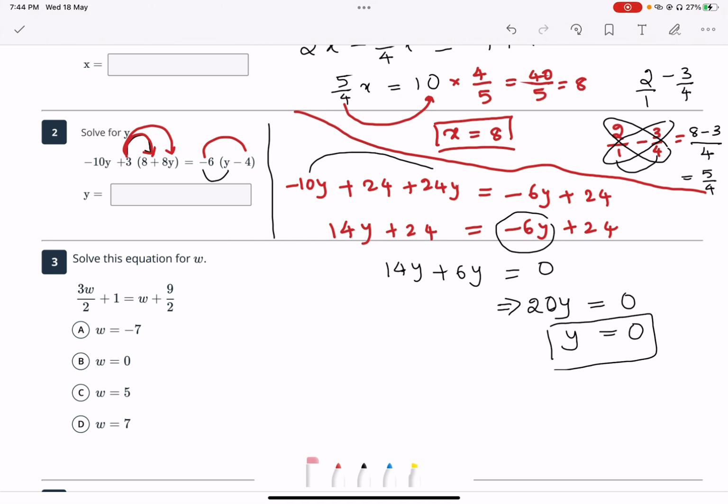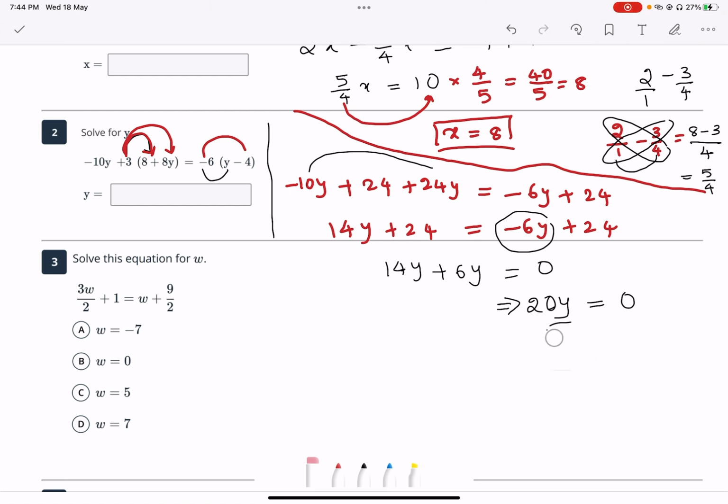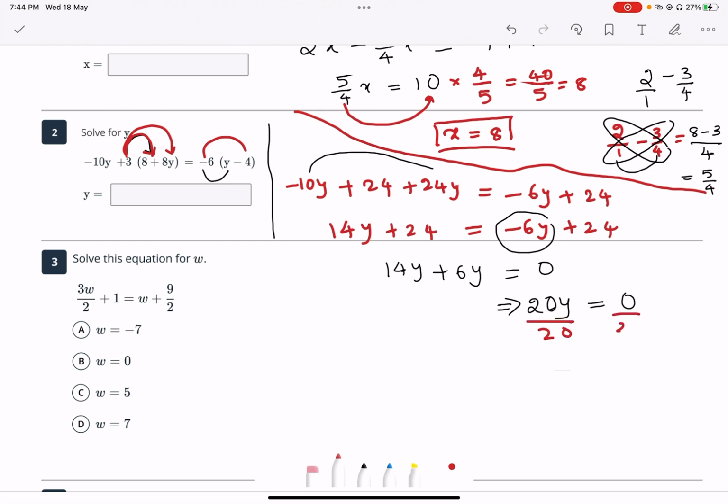If you have 20y equals 0, you divide by 20 on both sides. 0 by 20 is 0, so y equals 0. The answer is y equals 0.